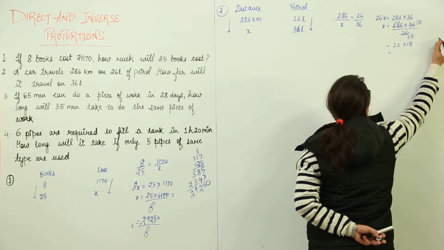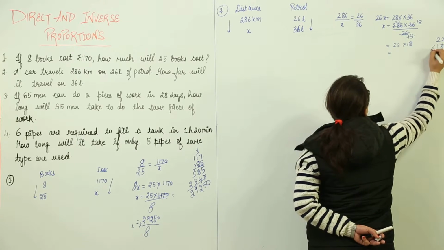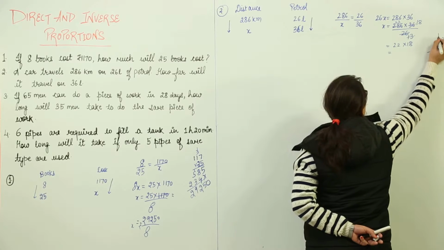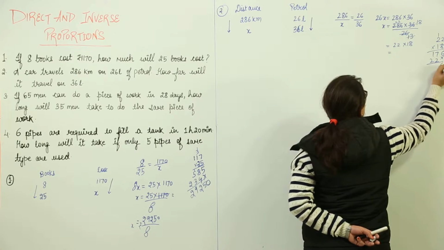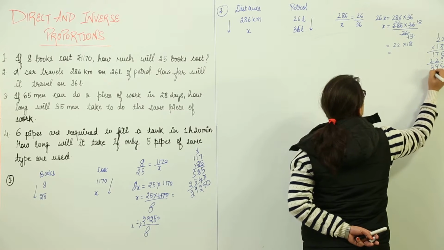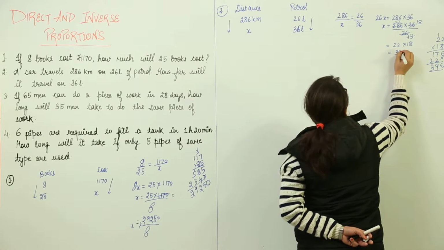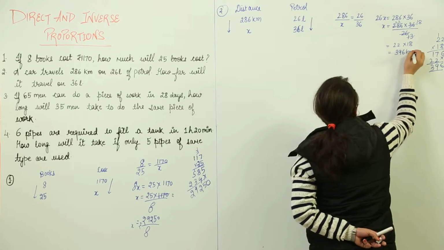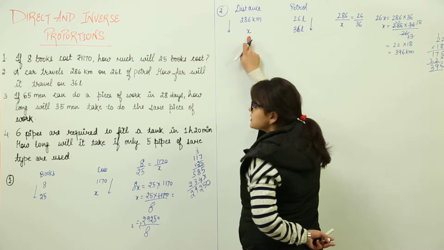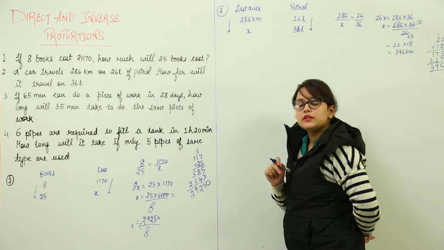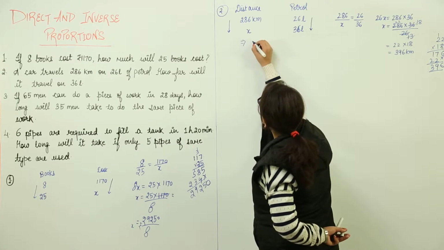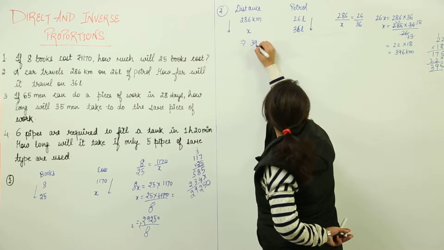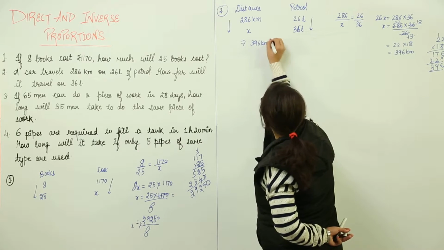What is 22 into 18? Let us check. It will be 8 2s are 16, 1, 8 2s are 16, 17, 2 and 2. 7 plus 2, 9 and 3. That means 396 kilometers. What was x over here? The distance that was supposed to be found. Now that comes out to be 396 kilometers. So you will write the distance that is to be travelled will be 396 kilometers.